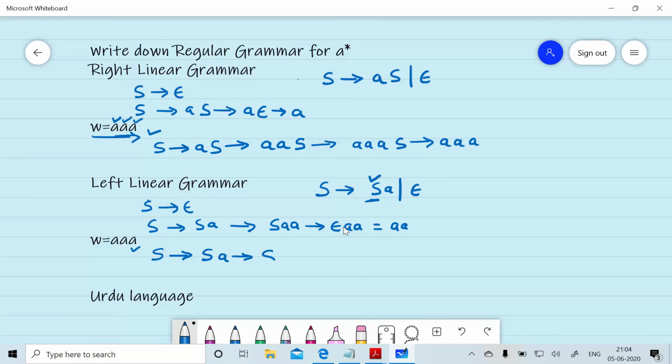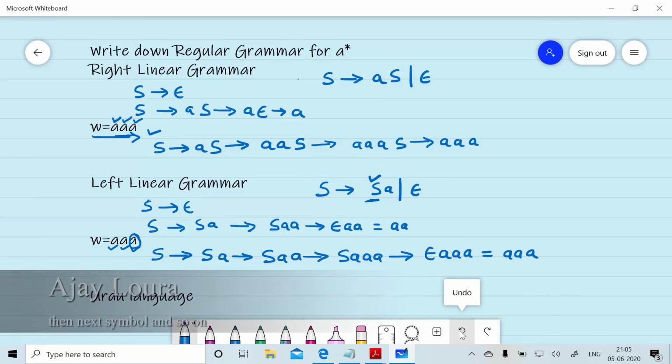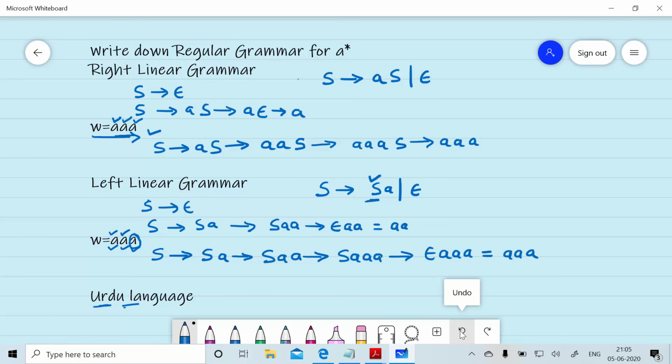S is again replaced by Sa and this is the middle a, and S is again replaced by Sa, and this is the leftmost a, and now S is replaced by null, and it is equivalent to aaa. In the case of left linear grammar, first we generate the rightmost symbol, then the next symbol, and so on. We generate the string like we are reading the characters in the Urdu language from right to left.